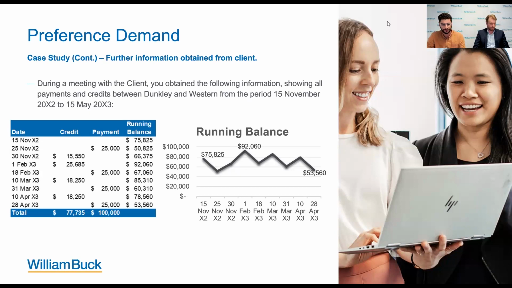The reason it is there is because there was a previous power available to liquidators called the peak indebtedness rule. That allowed a liquidator to say, well, your debt reached $92,000 on this date, which in this instance is the 1st of February in year 3. At the end of the period, your debt was $53,000.